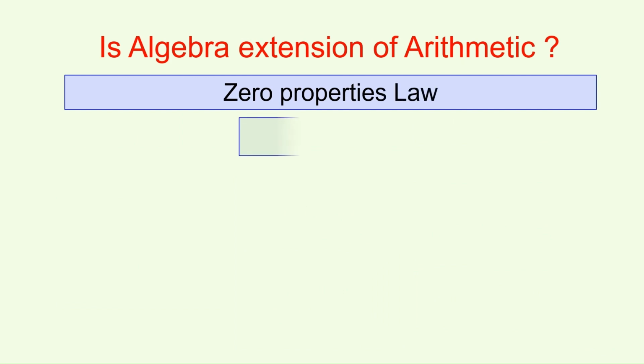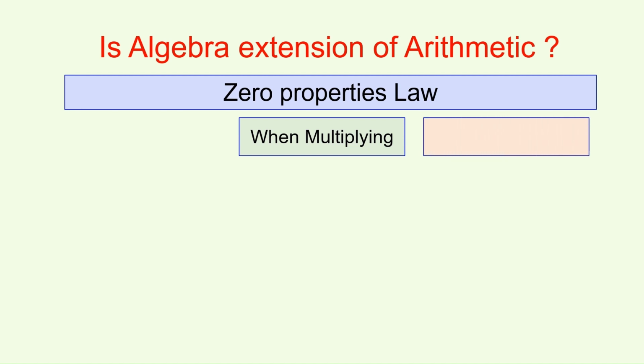Zero properties law. When multiplying by zero, result is always zero.